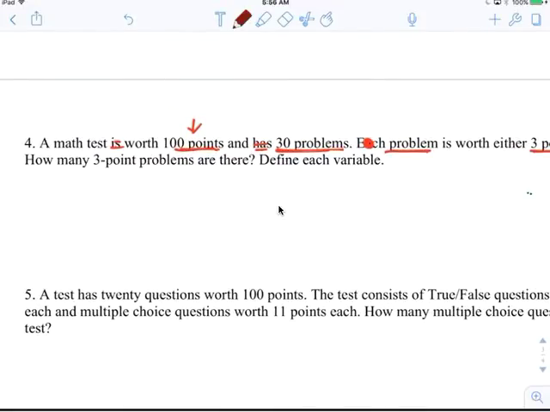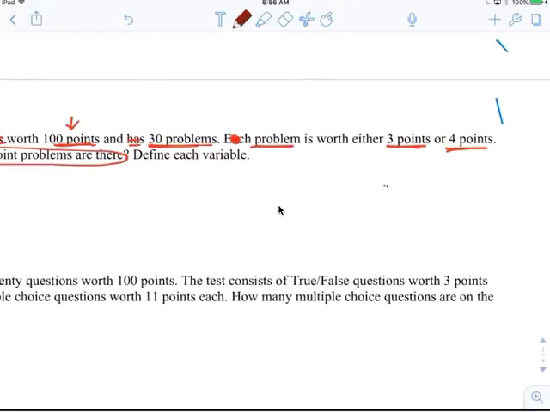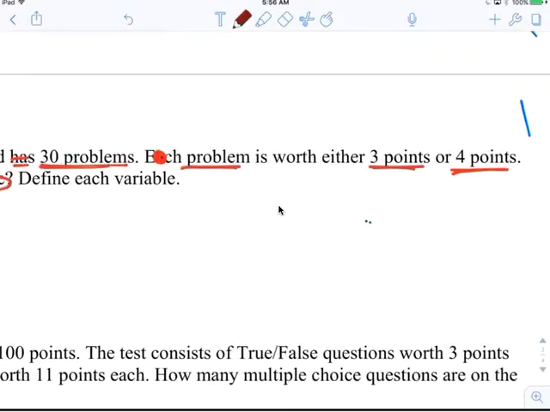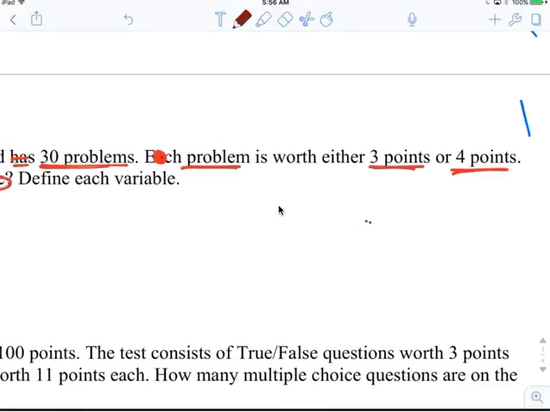Define each variable. They're only asking for the 3-point problems. Each problem, so we got 2 different types of problem: 3-point and 4-point problems, right? So we got 2 types. One problem is x. x is the 3-point problems.